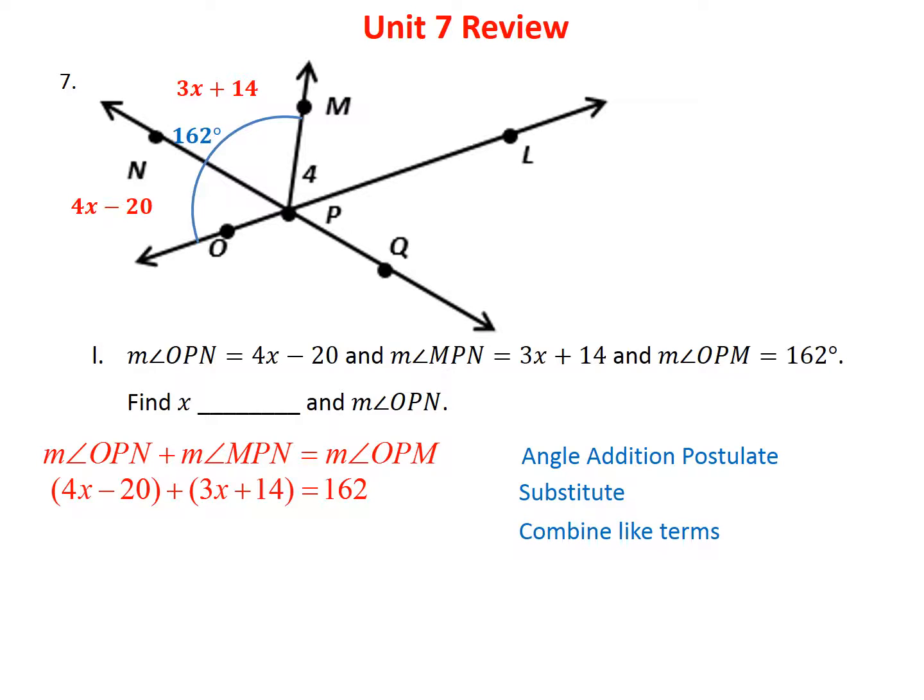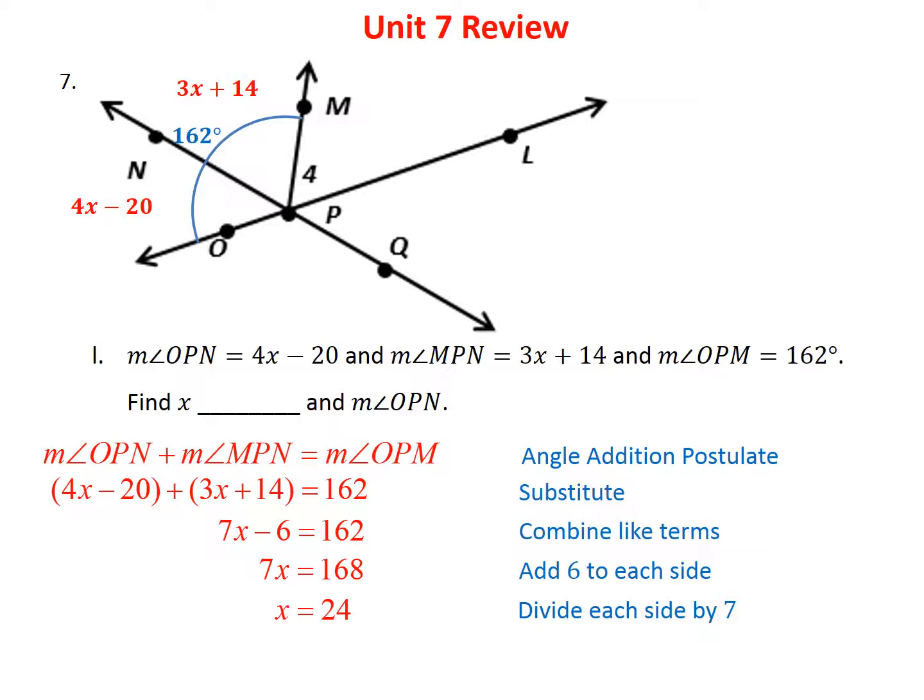On the left side, I can combine 4x and 3x to get 7x, and minus 20 plus 14 is negative 6. And now we have our standard 2-step equation. We'll undo the subtract 6 by adding 6 to both sides. So we have 7x equals 168. And then we'll undo the 7 times x by dividing both sides by 7. And that leaves me x equals 24.